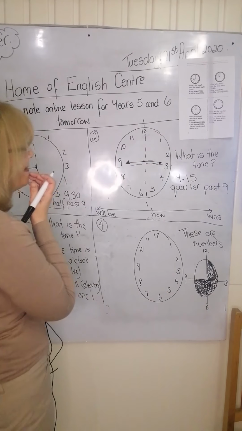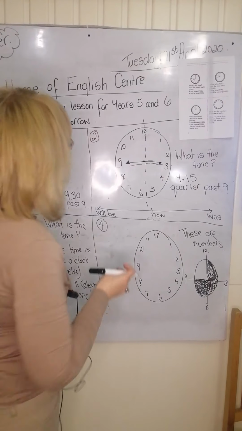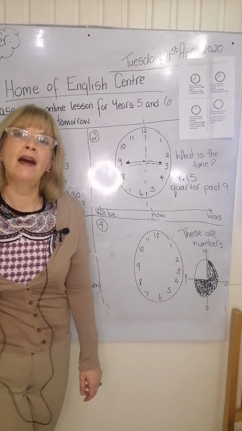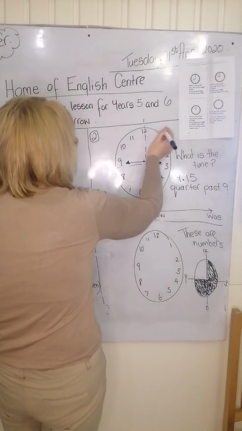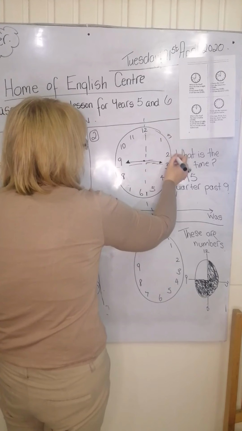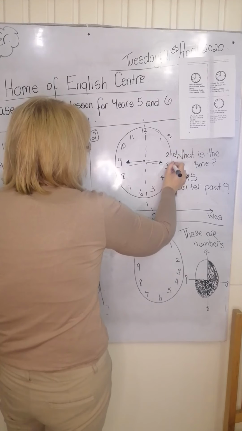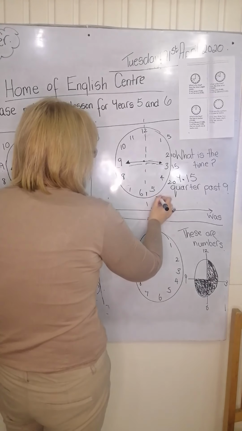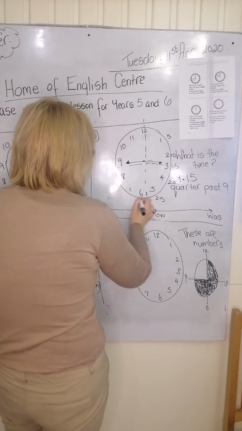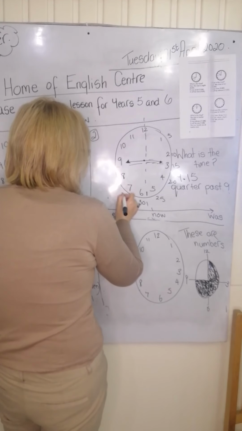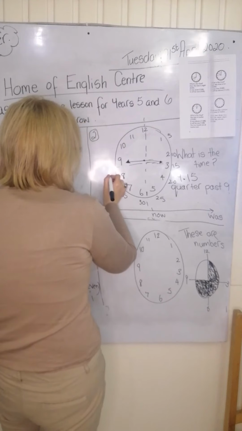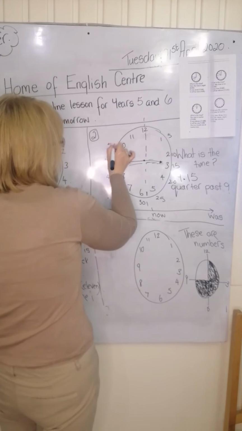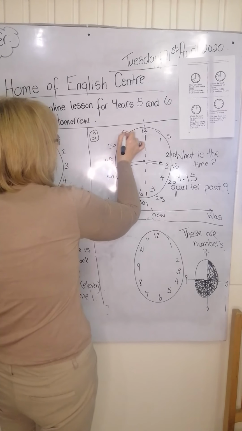So just to fill you in, each of these numbers are 5 minutes. So 5, 10, 15, 20, 25, 30, 35, 40, 45, 50, 55.